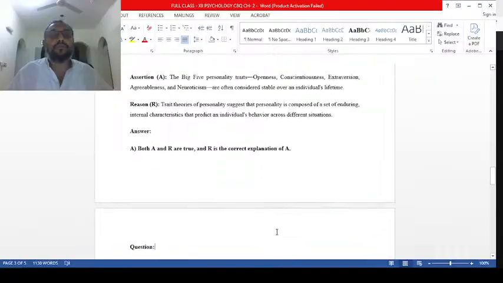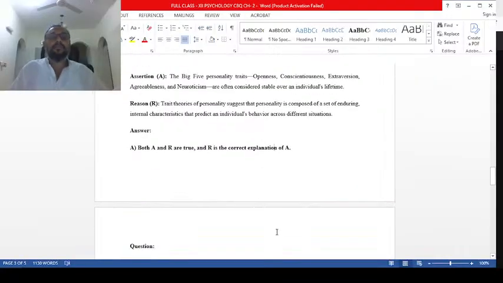Now let's move to assertion reason questions. The first question, assertion: the Big Five personality traits, openness to experience, conscientiousness, extraversion, agreeableness, neuroticism, are often considered stable over an individual's lifetime. Yes, it is true. What is the reason here?